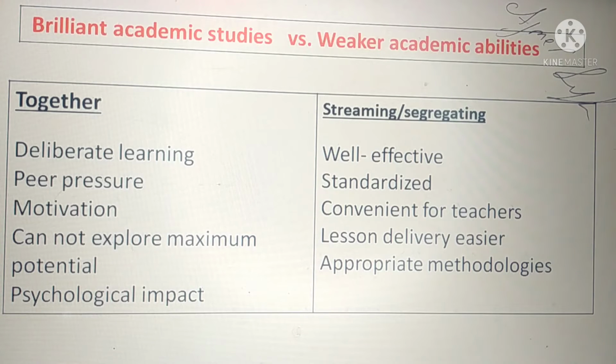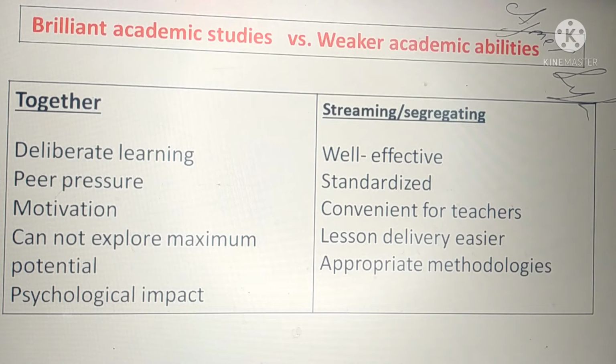So the answer could be like this: if both groups of students are together, sitting in a single class or studying together, then what could be there? It can lead to deliberate learning, means they will see each other. Students with poor academic performance are sitting together with students who have good academic performance.